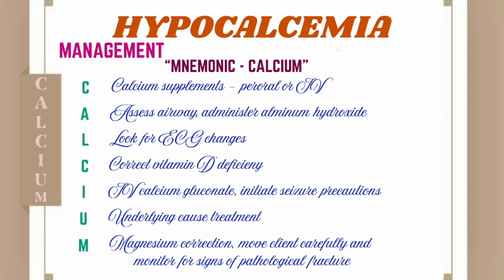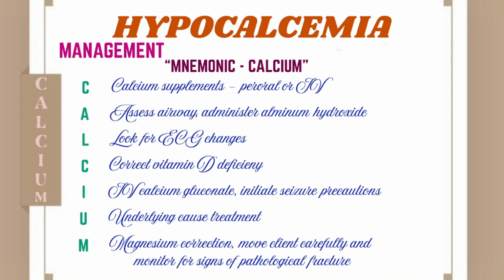Move patient carefully and monitor for signs of pathological fracture. Due to low calcium, there is increased risk of developing fractures in the patient, so we have to move the patient carefully, and also we have to monitor for early signs of pathological fracture.